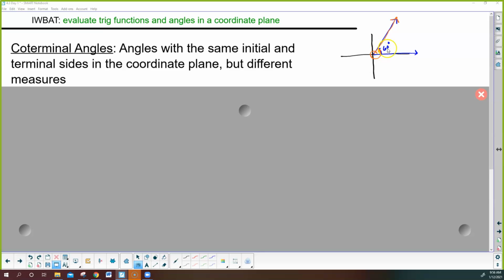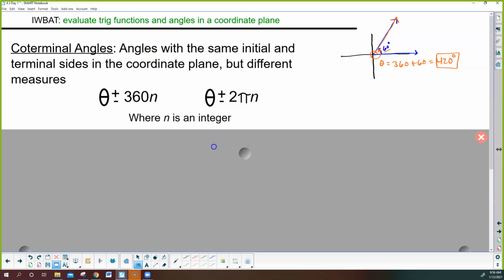The blue angle was just 60 degrees, but this orange angle went all the way around the circle, so it went 360 degrees plus another 60. So if I add those together, 420 and 60 degrees are considered coterminal angles.